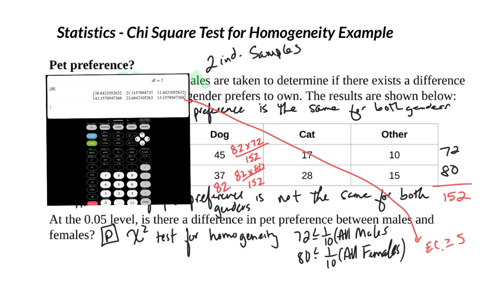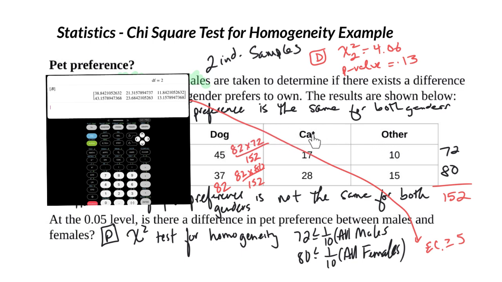Now the do, we said that the chi-square statistic was 4.06 roughly. Our p-value was 0.13. I put 2 degrees of freedom. Let me explain about 2 degrees of freedom. 2 degrees of freedom is a calculation based on the fact that we had 3 pet preferences.